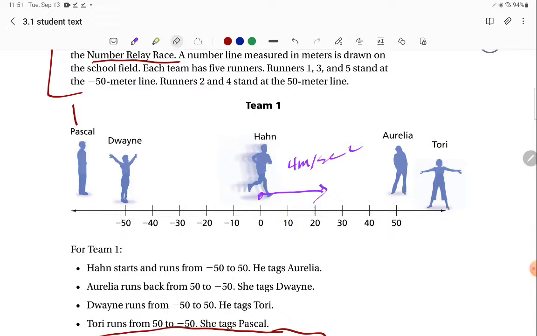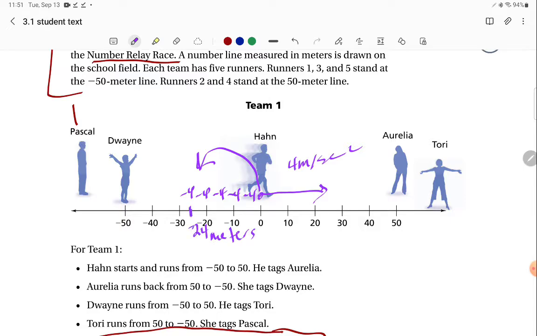But it says, where was he 6 seconds earlier? And so 6 seconds earlier, we have to think back in time. Right, and so that would be minus 4, minus 4, minus 4, minus 4, minus 4, 6 times for every second that he was back there. And that's where we are at negative 24 meters.